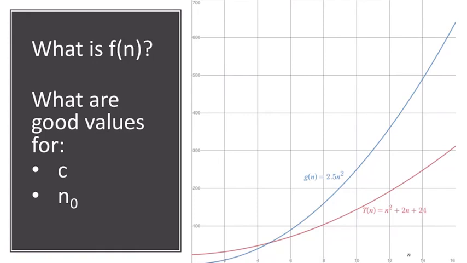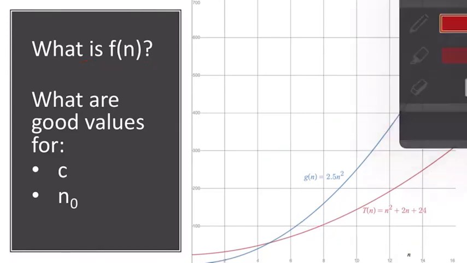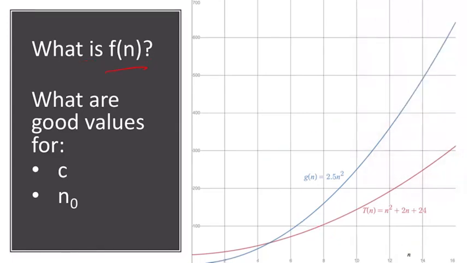Alright, so let me just give you an example here. You should pause the slide here and tell me, just by looking at what we have over here, what is f of n? What would be good values for c and n naught? Alright, well, hopefully you've had a chance to pause it.